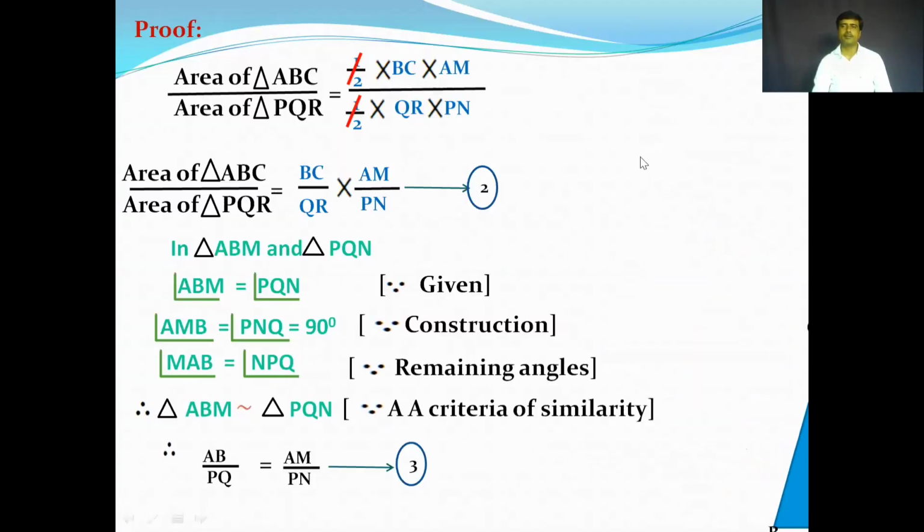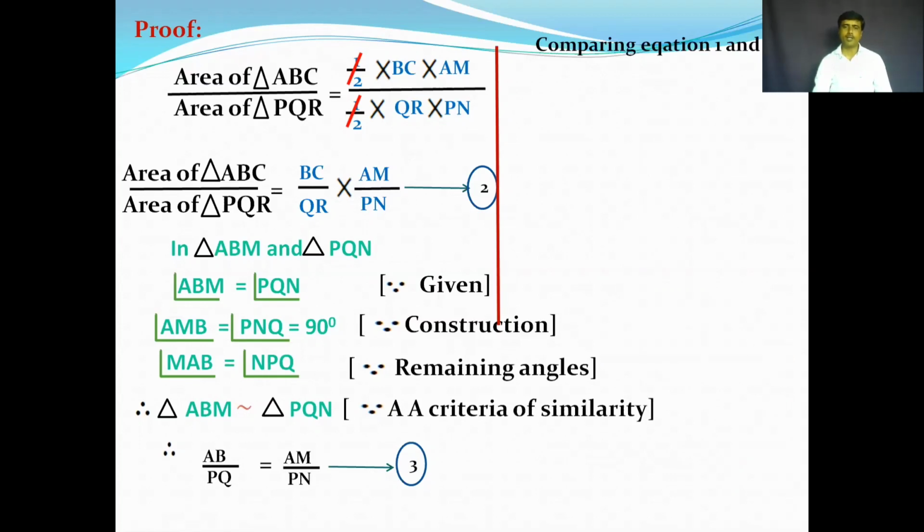What is the use of this equation number 3? When you compare equation number 3 with equation number 1, you will find that in the data, AB by PQ is equal to BC by QR.